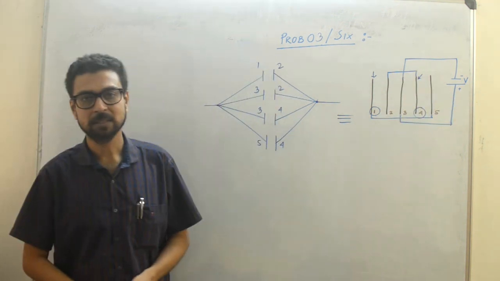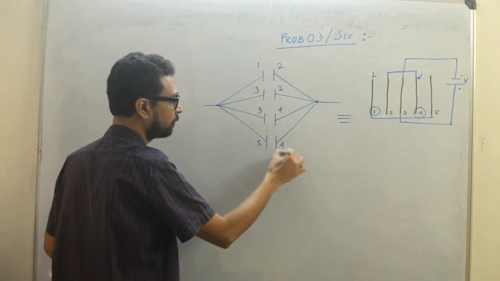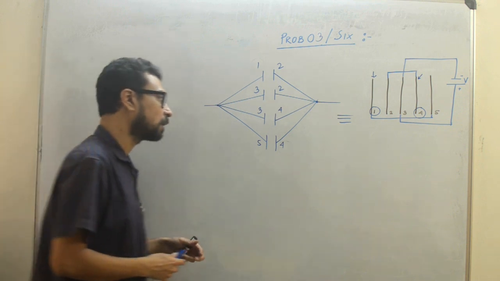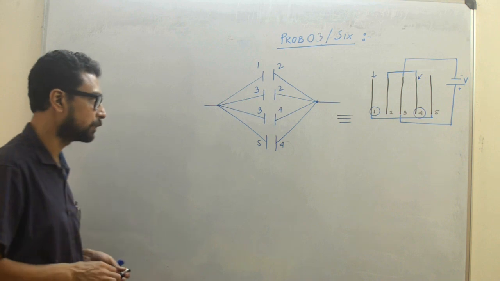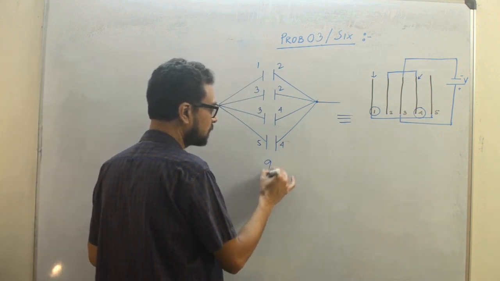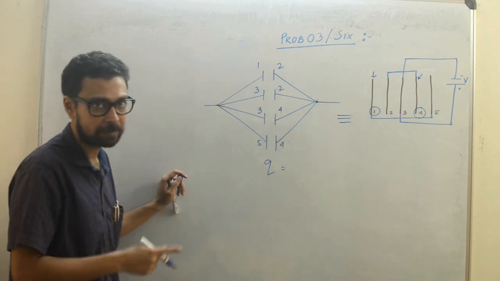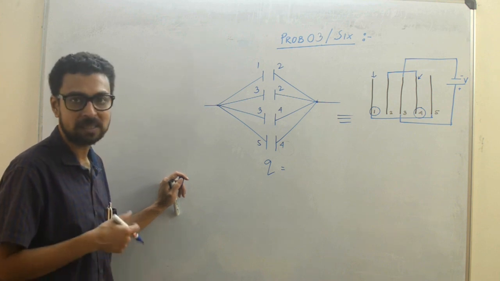So we have to calculate the charge on first capacitor and the fourth plates, sorry, not capacitor. So this we have to calculate now. Let us find out how we can do this. So what is the charge here? How we can calculate the charge? The charge here is all these plates, they have a plate area of capital A, separation is small d, and epsilon naught, these are air capacitors.